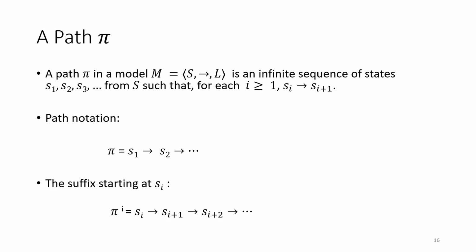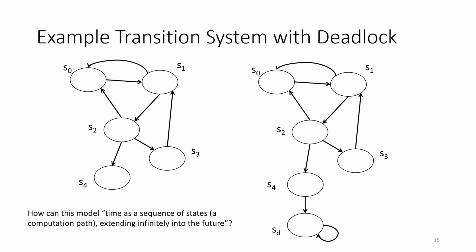So this arrow here means that we have a transition from this state to that state. From every state to the next state, we have a transition. So yeah, what would be a possible path here? Let's say we want to start at S0.